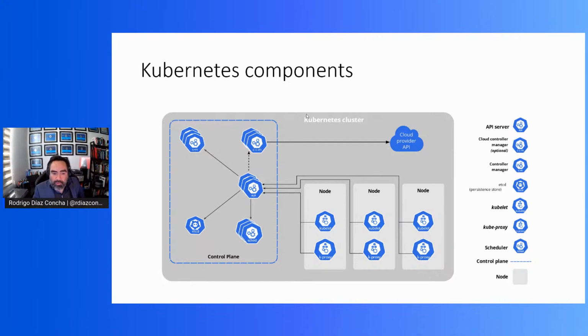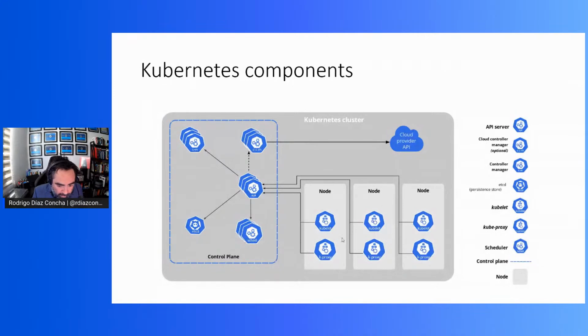If you use those cloud offerings, this control plane is deployed and managed for you. Actually, it's free, you don't have to pay for that. This is a free node that you'll have when you deploy a Kubernetes cluster in the cloud. You only have to pay for the worker nodes that you're using.